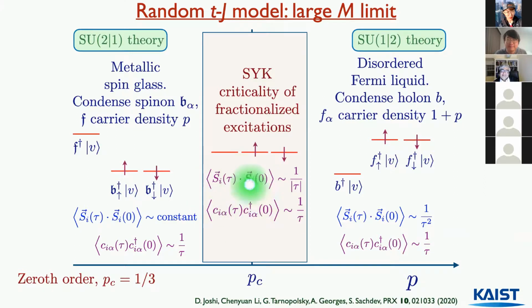This is very different from the C's of the SYK model that were a square root here. My personal opinion is that this is a much better way of connecting SYK to the real world, by using models of holons and spinons rather than electrons.